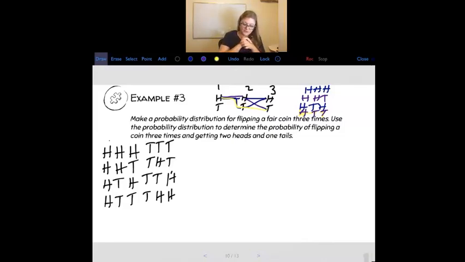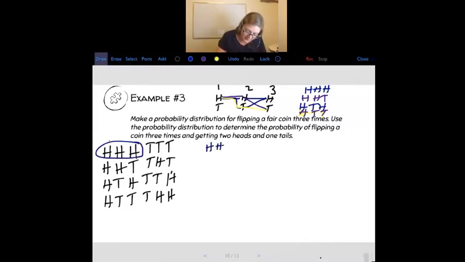Okay, and then for this problem, I'm going to talk about the probabilities in terms of, we'll wait till we get to the distribution. So let's deal with the events that are the same. In this case, the probability of getting 3 heads would be the same event, and there's only one way to do that.